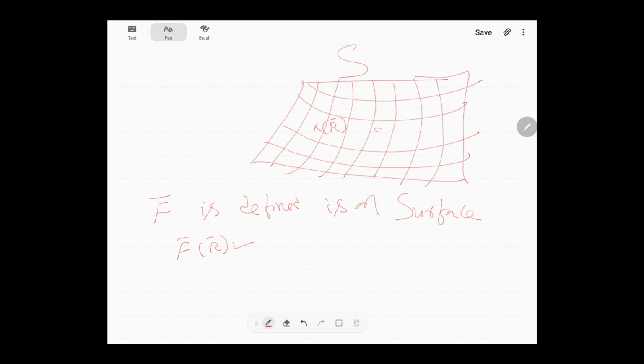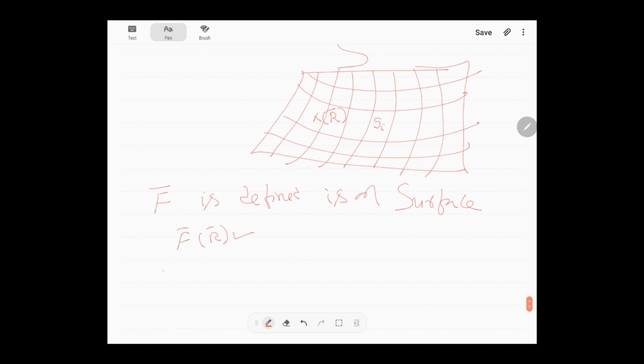There are so many subsurfaces, S1, S2, S3 like this. Divide S into n subsurfaces.